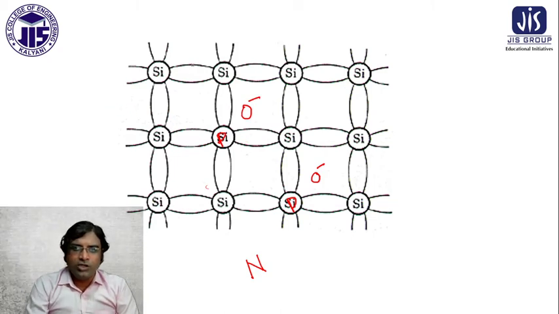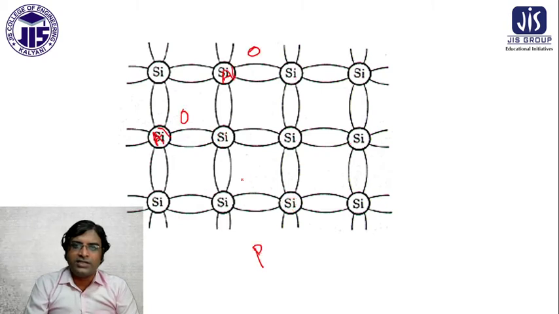You can see there are 1, 2, 3, 4, 5, 6, 7, 8, 9, 10, 11, 12 silicon atoms, and only 2 phosphorus are doped. Here also the same thing happened. There are 12 silicon atoms, and only 2 aluminum atoms are doped, one here and one here.